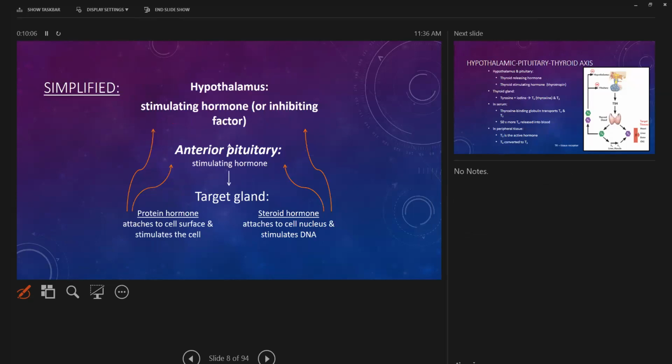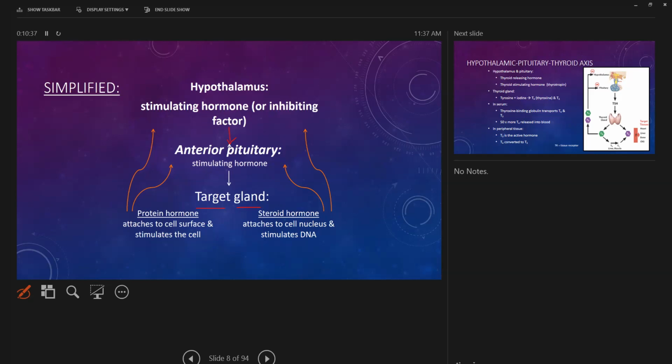So simplified, you've got the hypothalamus, which is going to either be stimulated or inhibited by these particular triggers here. Then you've got the anterior pituitary, which is going to dump those hormones out, and then they'll be received by a target gland. If it's a protein hormone or a steroid hormone, they are both going to be involved in this process.